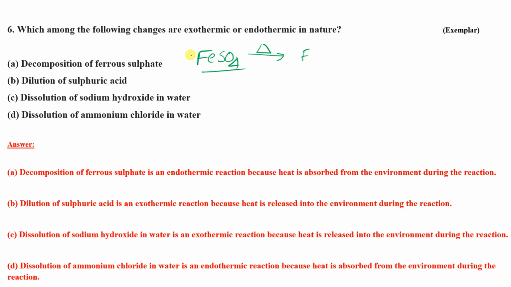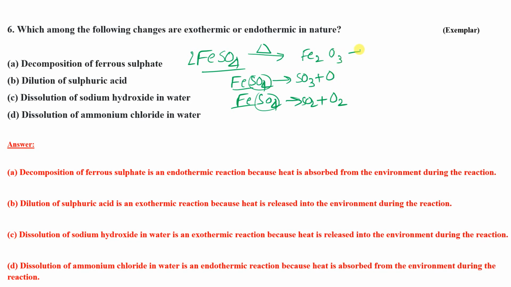How does this FeSO4 break? Let us take two molecules, FeSO4 and FeSO4. From one SO4, remove one oxygen. From the other SO4, remove two oxygens. So now two irons are there, Fe2, with three oxygens.